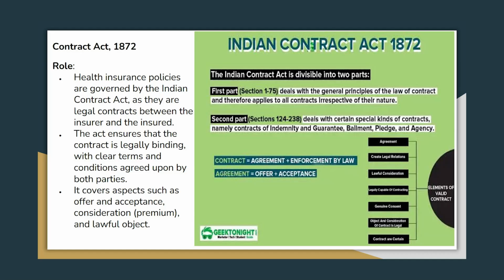So the policy providers are one party, and the beneficiaries such as patients and the common man are the second party, and they are bound by means of the Indian Contract Act.